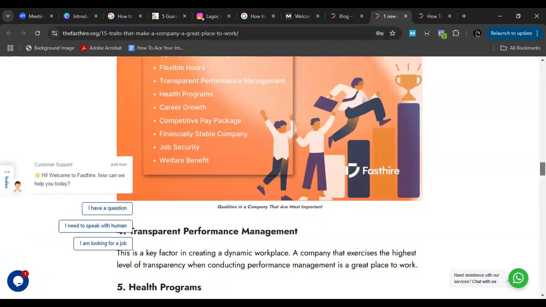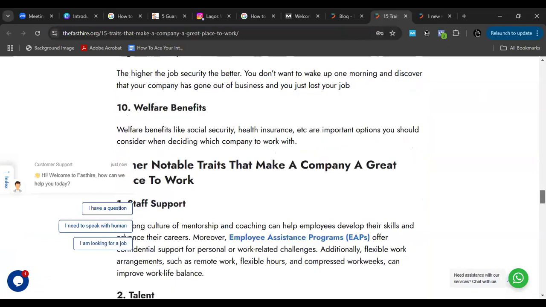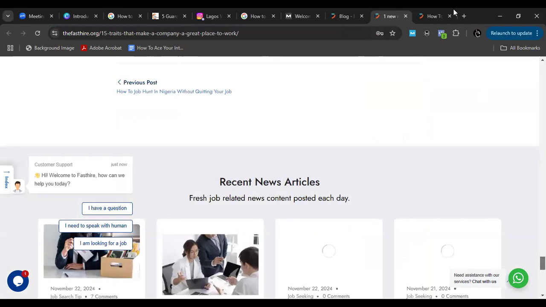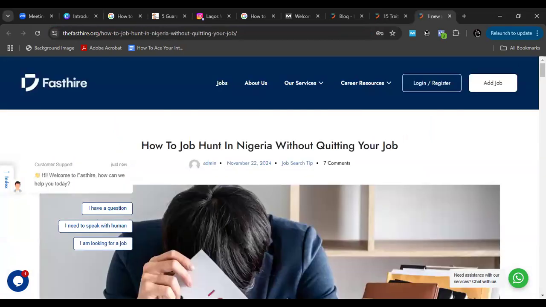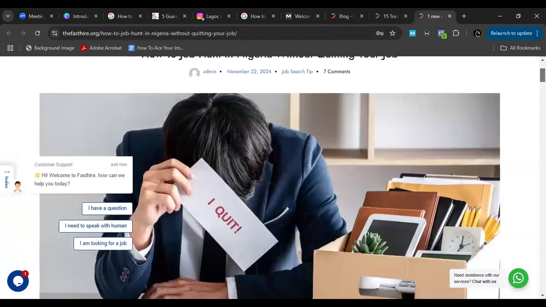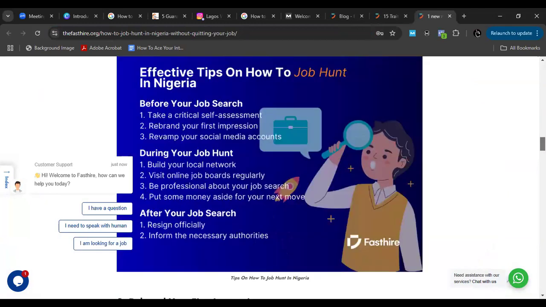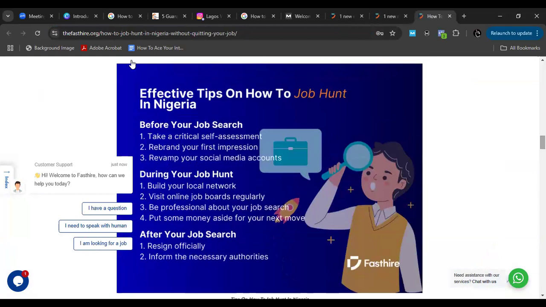If you have an image in a content like this, the title of the image should always be relevant to the title of the content.